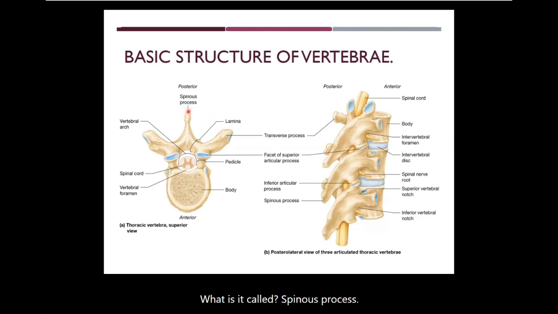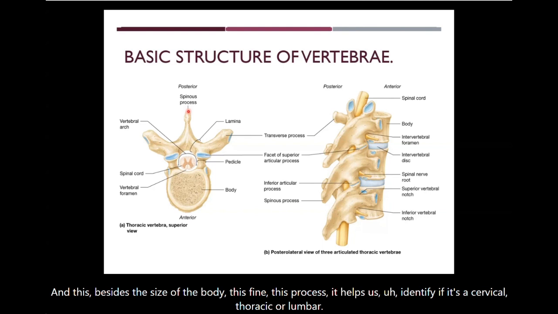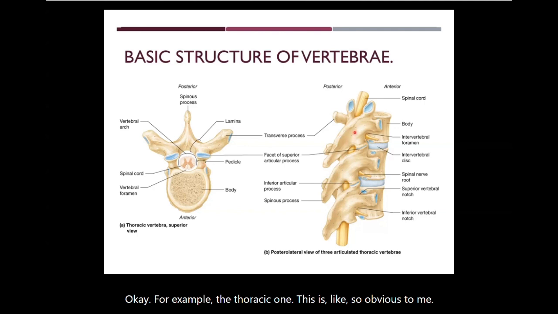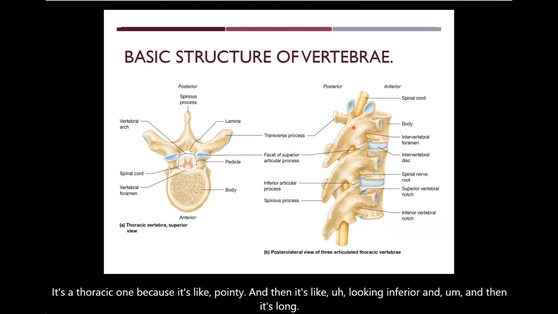What is it called? Spinous process. Besides the size of the body, this spinous process helps us identify if it's a cervical, thoracic, or lumbar vertebra. For example, the thoracic one is so obvious to me because it's pointy, and it's looking inferior, and it's long, right?